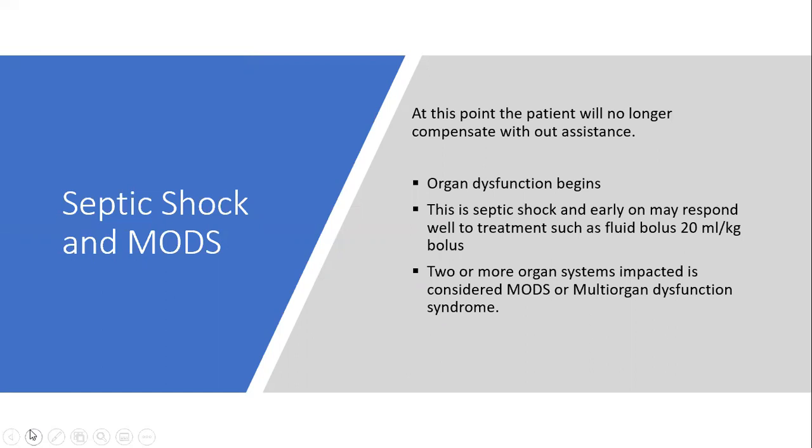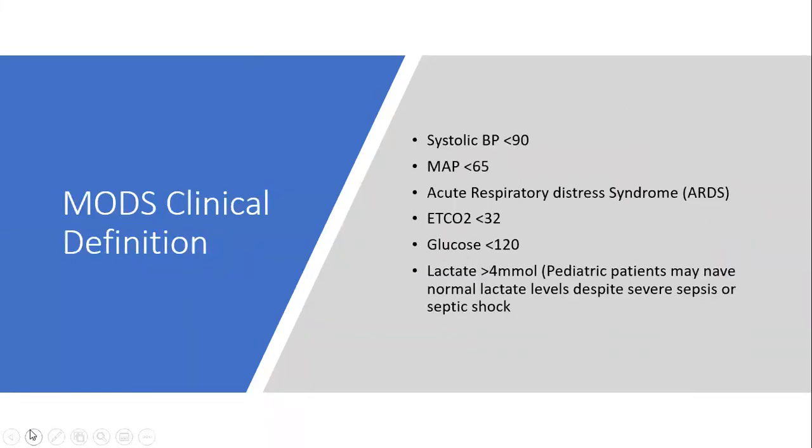Once 2 or more organ systems are impacted, it is considered MODS, or multi-organ dysfunction syndrome. Your clinical definition is a systolic less than 90, a MAP of less than 60, ARDS, end-tidal less than 32, glucose less than 120, and again, a lactate greater than 4. However, these pediatric patients may have normal lactate levels despite their severe sepsis or shock.